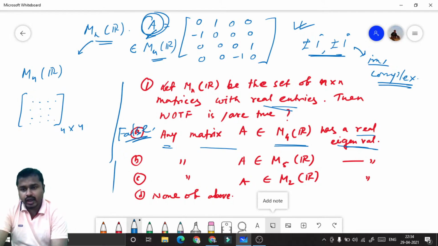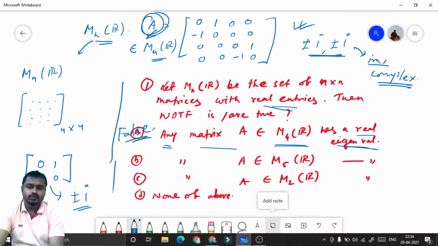Now, similarly, you can proceed with your third option. If you consider the matrix 0 1 minus 1 0, in that case your eigenvalues are going to be plus minus i. No real eigenvalue. So your third option, that is option C, is also false. Correct?